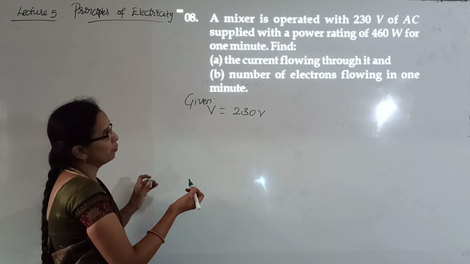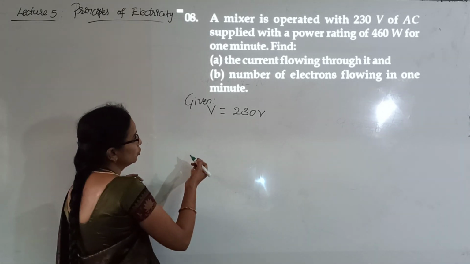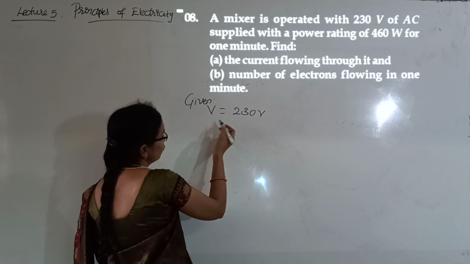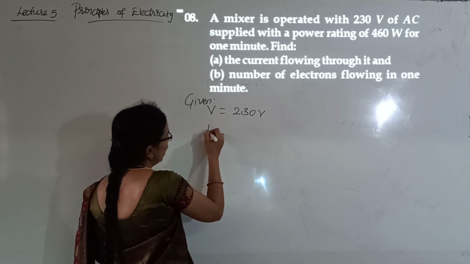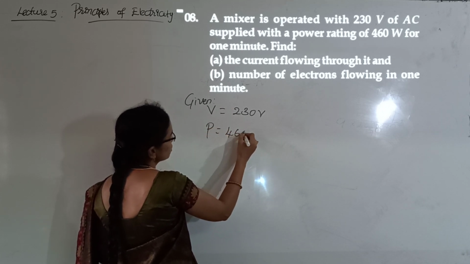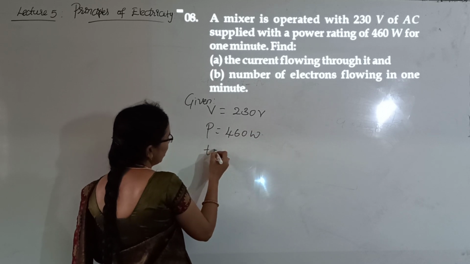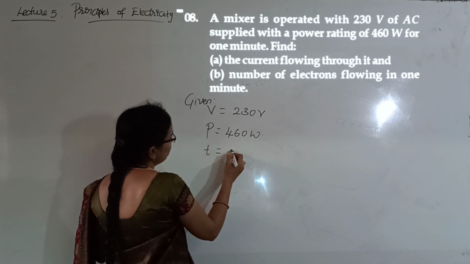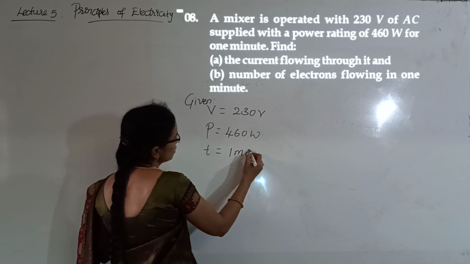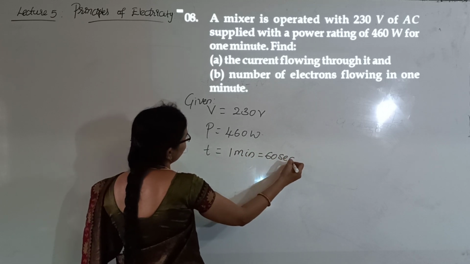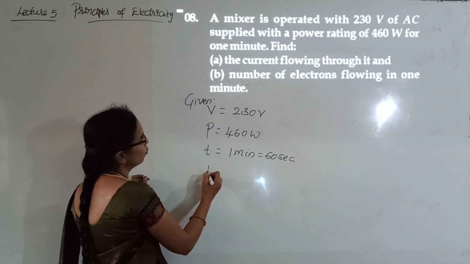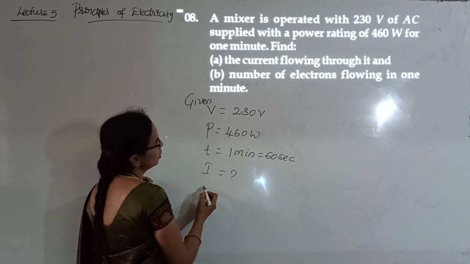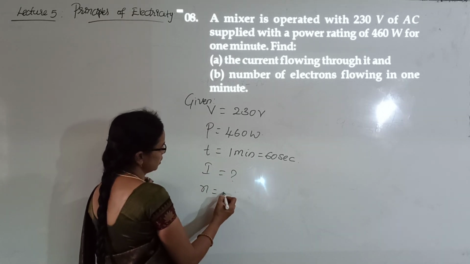For a mixer to operate, there should be a voltage rating of 230 volt, and power rating is given as 460 watt, in a time of 1 minute, which is 60 seconds.